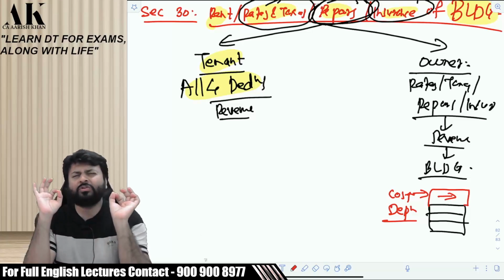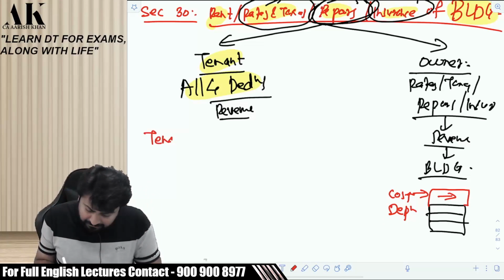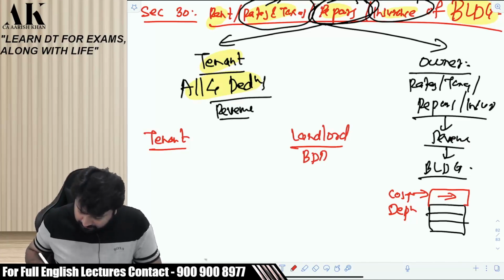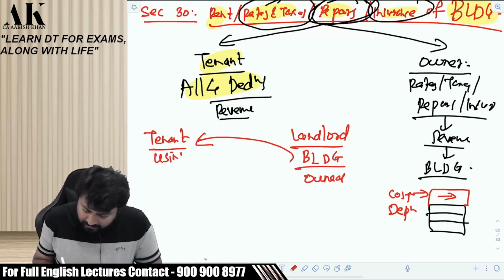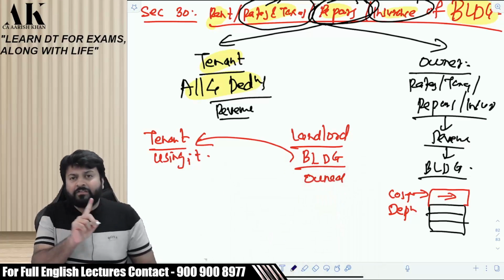Now coming to a very unique situation. There is a tenant and there is a landlord. Obviously, the building belongs to the landlord, and the tenant is only using it. Now, listen carefully. A very unique case.